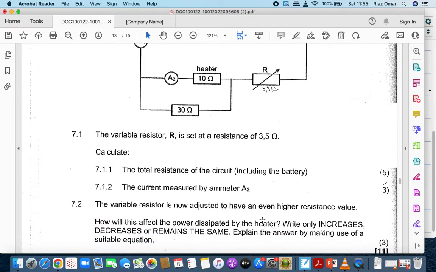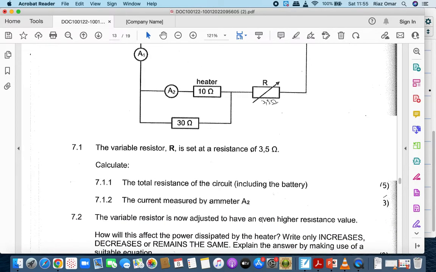We have to calculate the current measured by ammeter A2. So we need to work out the current going through I2, right? So to work that out, let's take out all the things that we have, the current in our circuit.